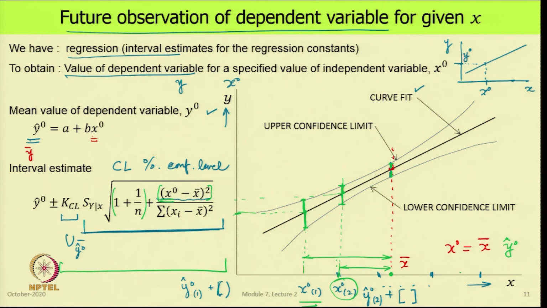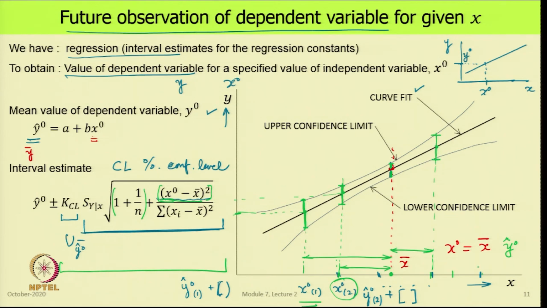Now, we can take points on the higher side. So, if we are over there, we get the mean value from the correlation, and now the difference is this much. This is in the numerator x 0 minus x bar, and we get an uncertainty larger than what it was at x bar, which is what you see here.